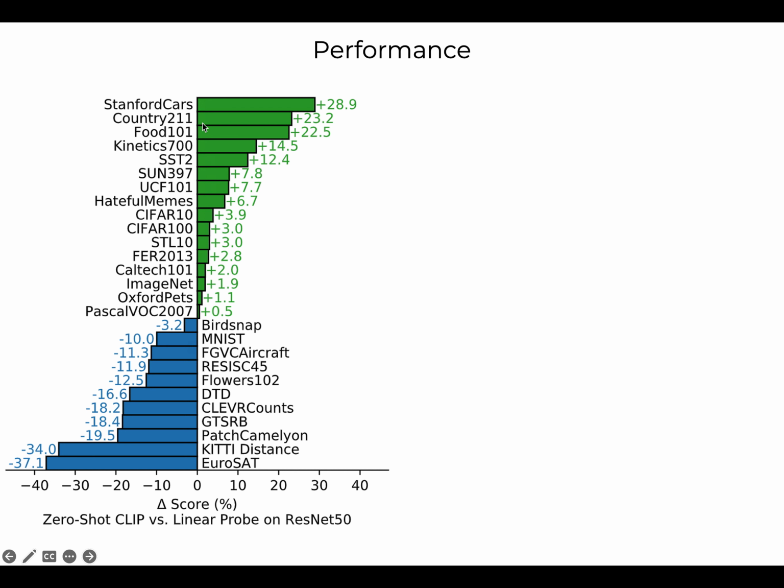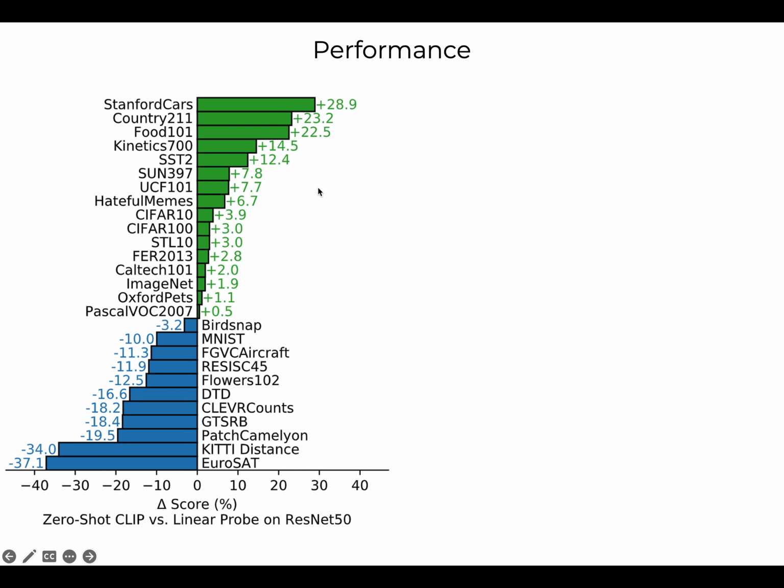So the ones in green are where zero-shot CLIP, so CLIP with no training, outperformed these ResNet 50s that were then fine-tuned specifically for these classes. So you can see in more than half the cases the zero-shot CLIP model wins, sometimes by a large margin, nearly 30% improvement in score.